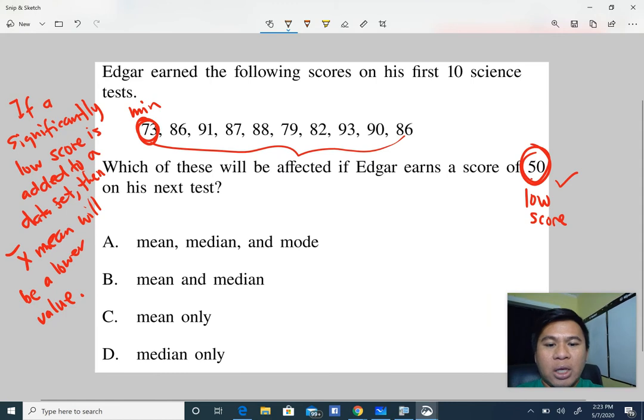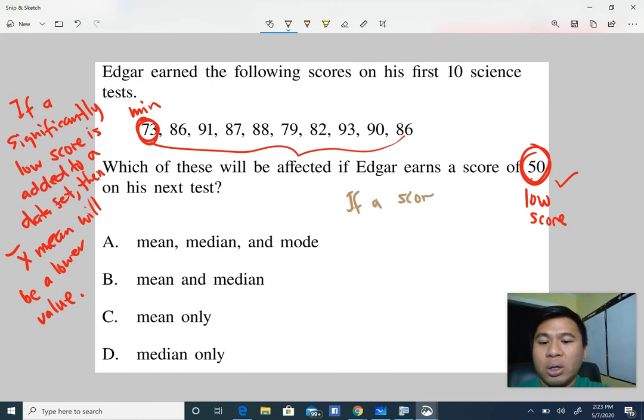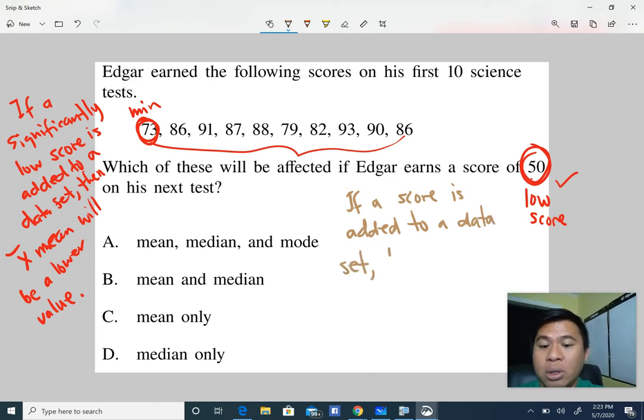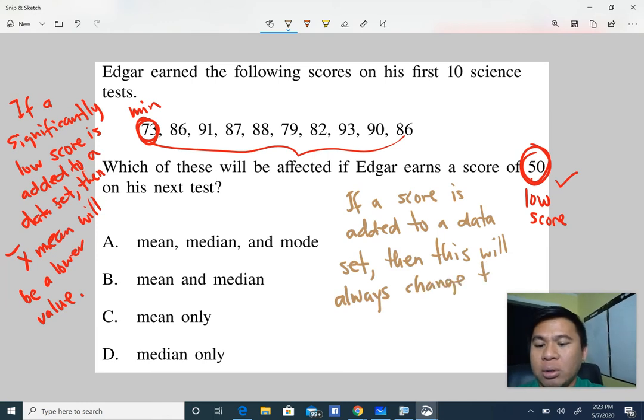So in this case, we say that if a score is added to a data set, then this will definitely, or actually always, change the median, because the median is always the middle term.